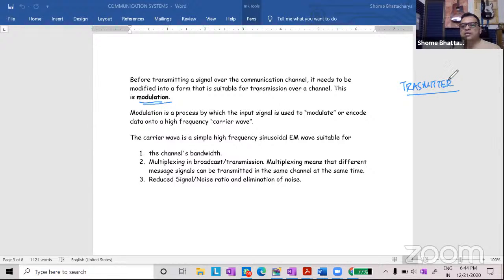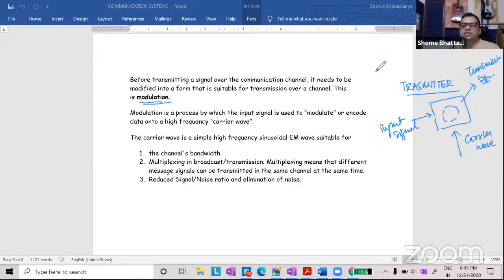It takes the input signal from a transducer, and it takes another signal which is from a signal generator, which is called the carrier wave, and it mixes these two to give the transmission signal.